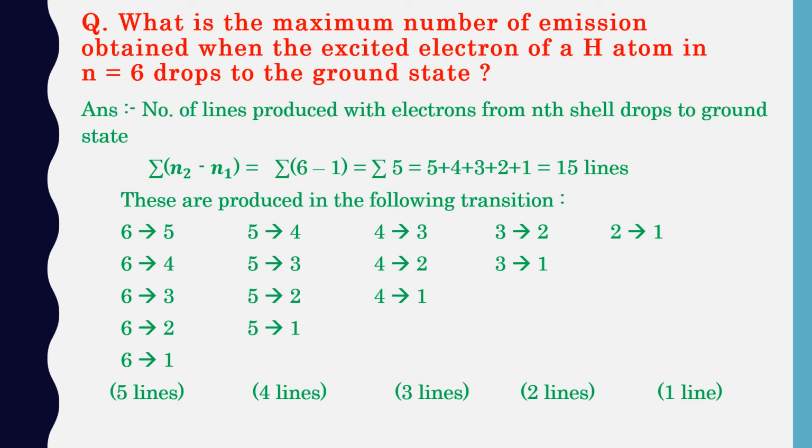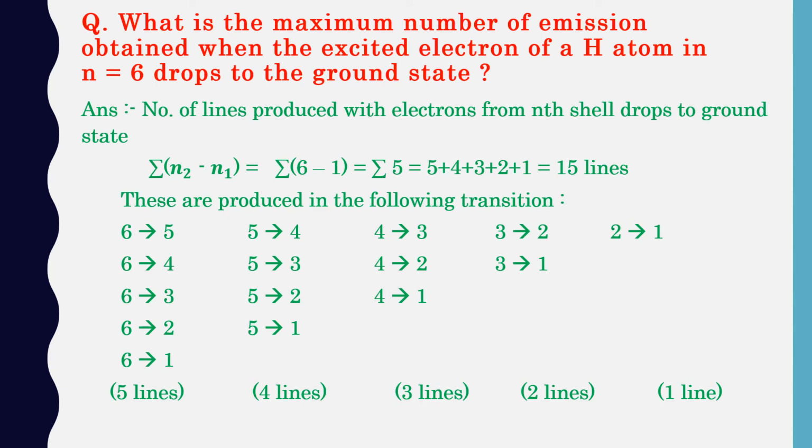And those transitions we can write directly. For dropping from n2 equals 6 to n1 equals 1: first, from 6, there will be 5 lines, 6 to 5, 6 to 4, 6 to 3, and so on. Again from 5, all come to lower levels, so 4 lines. From 4, the transitions give 3 lines.